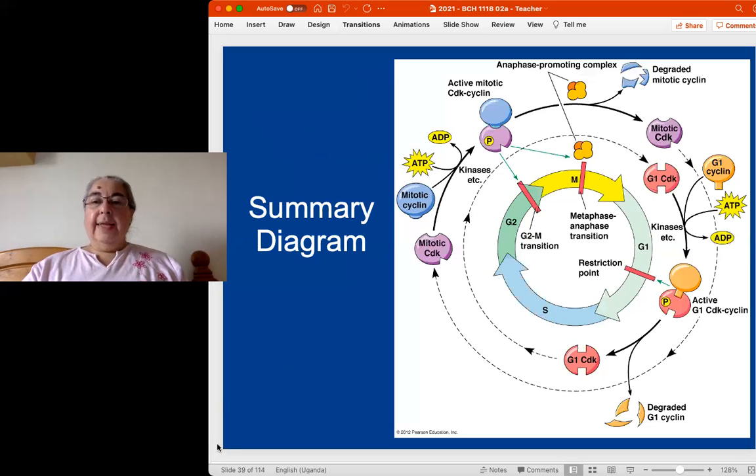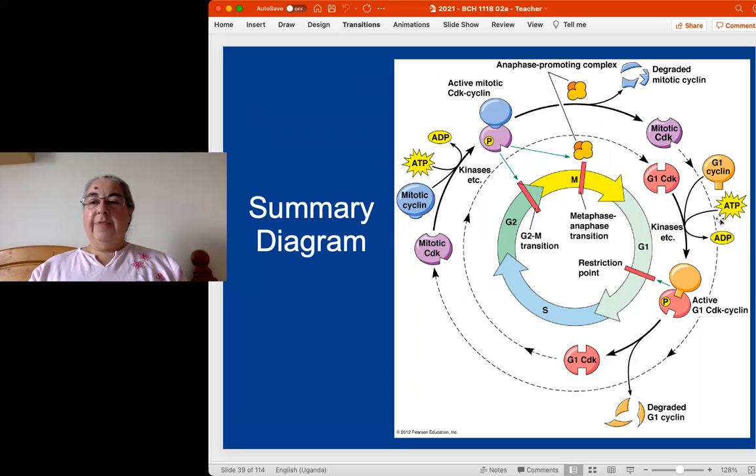Okay, so here is a diagram just summarizing in a circular form what I've been telling you about CDKs. So here's G1, S phase, G2M with the 3 different checkpoints. Here is the cyclin that's active at that point, binding to a CDK.